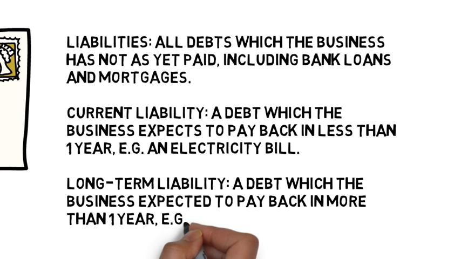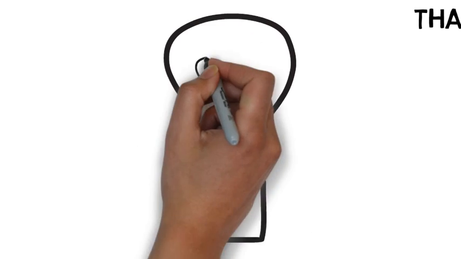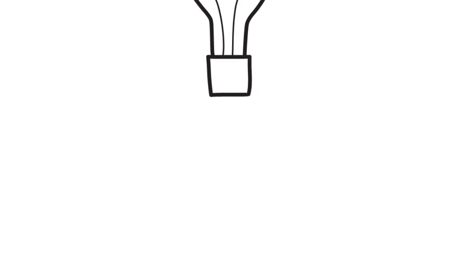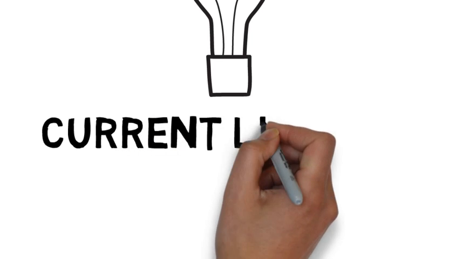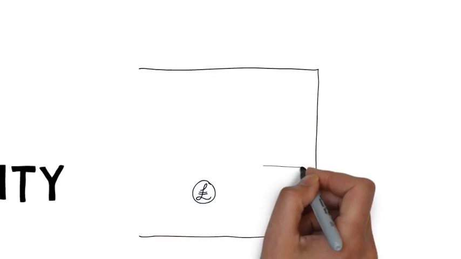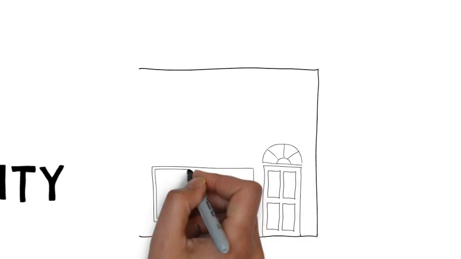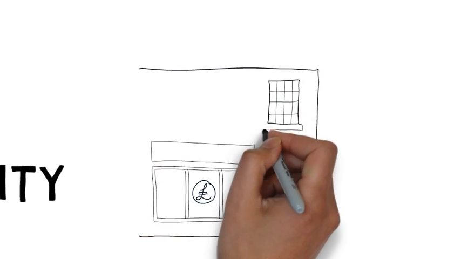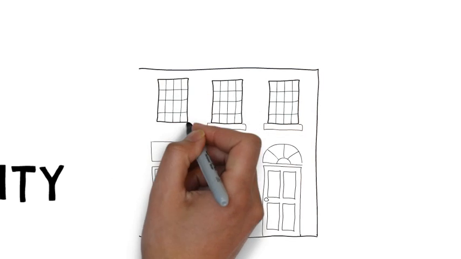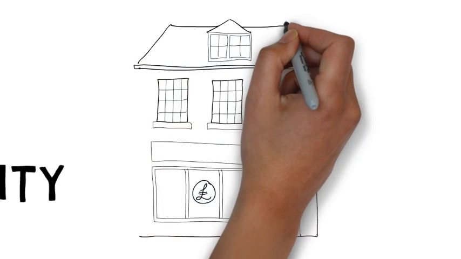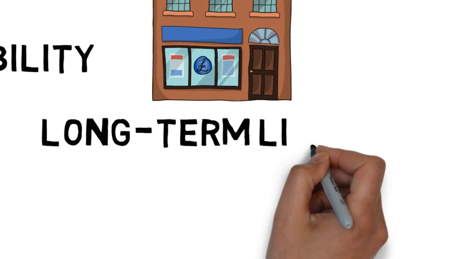Liabilities are all of the debts which an organisation has, everything that at a moment in time they have as not yet paid. And again, we can divide liabilities into two different categories. We have current liabilities and we have long-term liabilities.